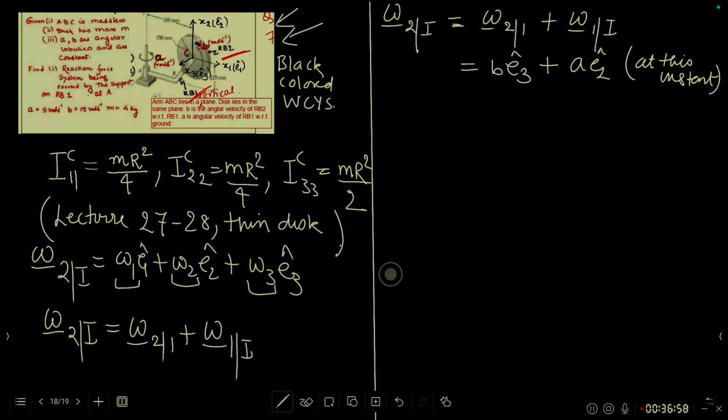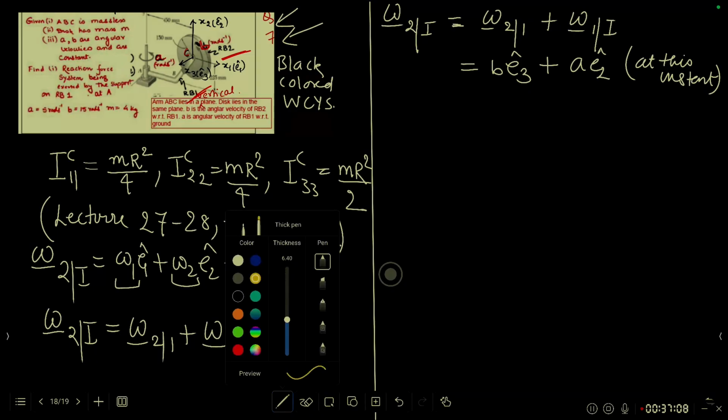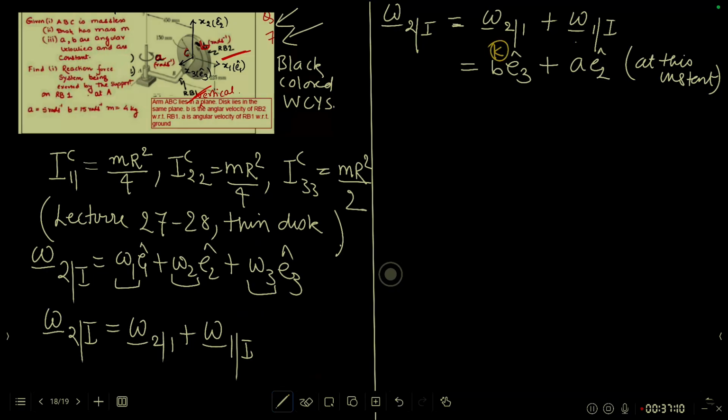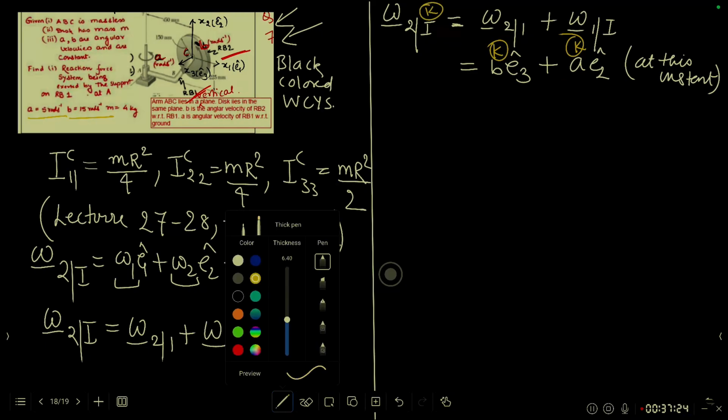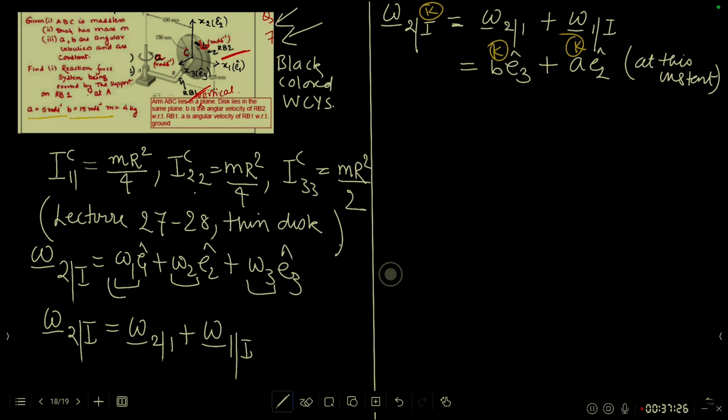This is known. This is known. It's given beta is 15 radians per second, A is 5 radians per second, E2, E3 is a working coordinate system. I would deem omega 2i to be known. How does it help me get these omega 1, omega 2, omega 3? All you have to do is write this as 0 times E1, A times E2, and B times E3.